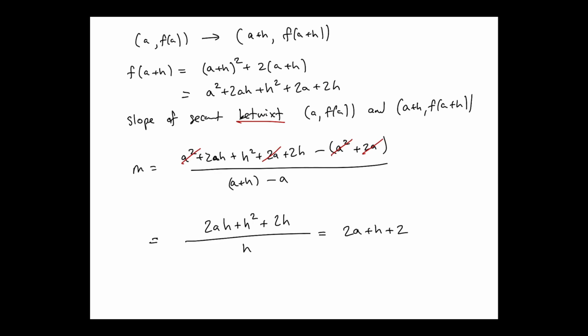Okay, so all we're going to do is plug in the given values of a in the table into this, and we're going to get some expression. It'll still have an h in it, and that's okay. Okay, so let's do that.